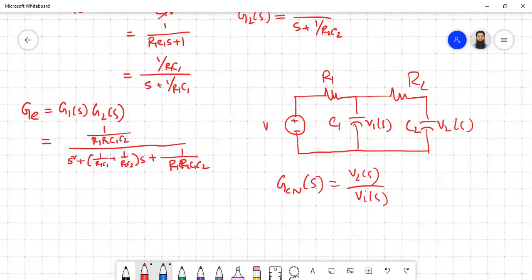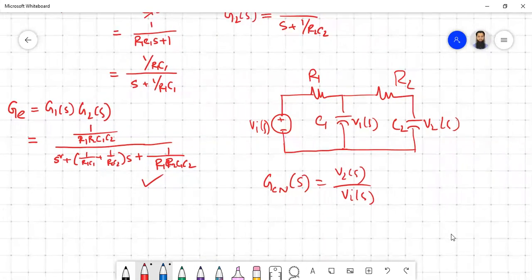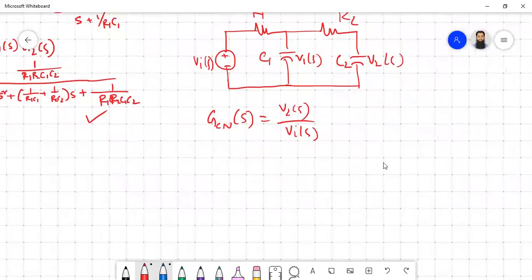If you solve for this and still get the same transfer function, that means both conditions are valid: whether the network is connected or not, it possesses the same transfer function. In that case, we can say that the networks are not loading each other, and then your cascade form is valid. So multiplication is valid. But let us figure out what is actually the transfer function of this one.